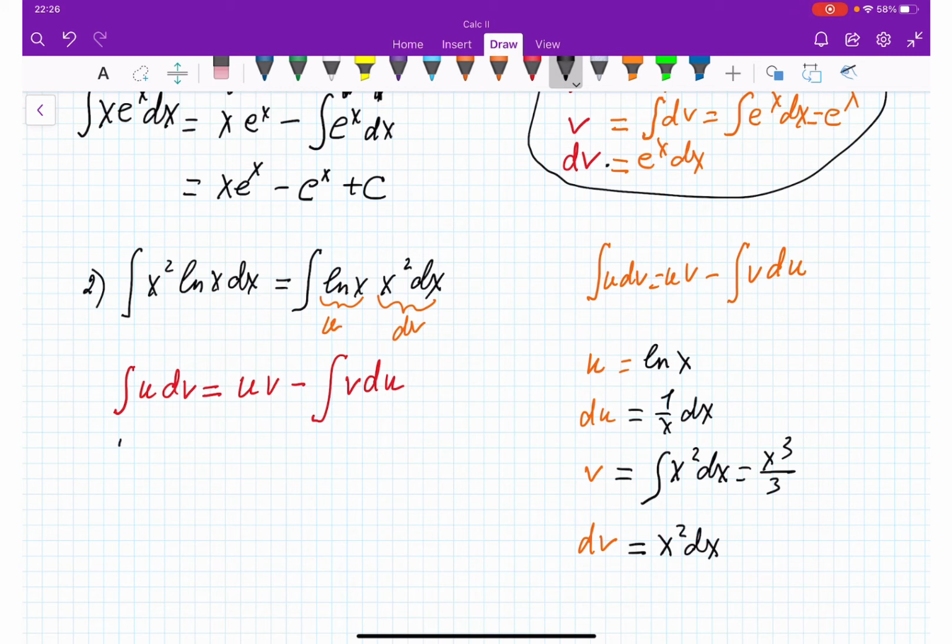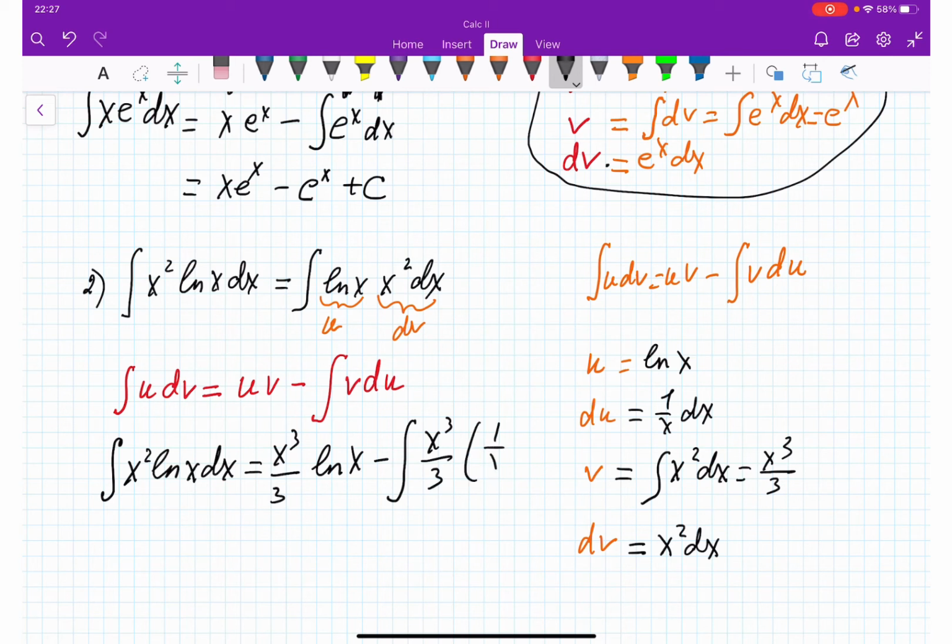So integral x squared natural logarithm x dx is equal x cubed over 3 natural logarithm x minus integral x cubed over 3 times 1 over x dx, right?